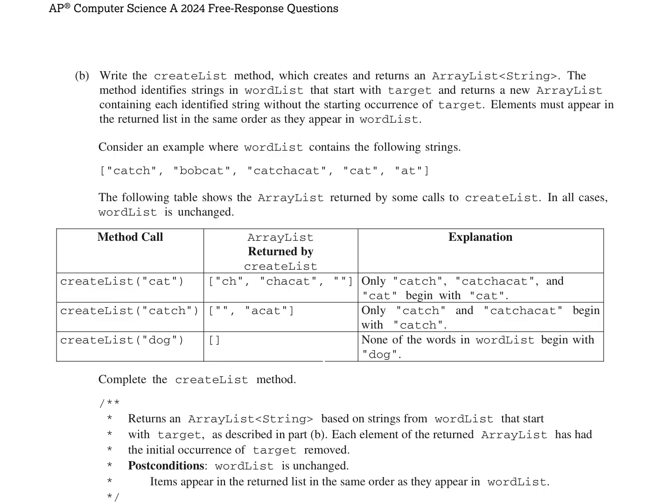Okay, so let's think about what we need to do. What are we looking for in here? We're looking for something like createList("cat"), and if it's in the first position of the word, then you're going to add that word to the array list without the "cat". For example, the first one was "catch". "cat" is the first 3 letters, so you're only going to put "ch" into the array list.